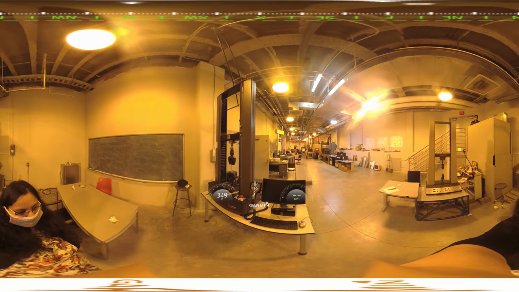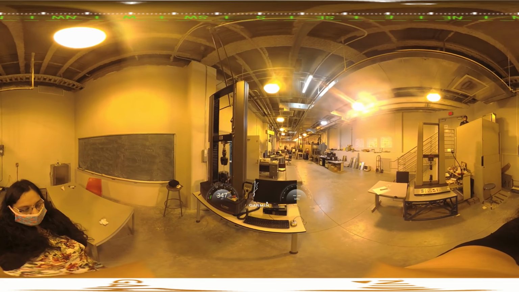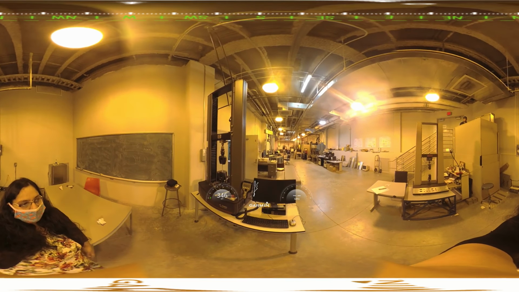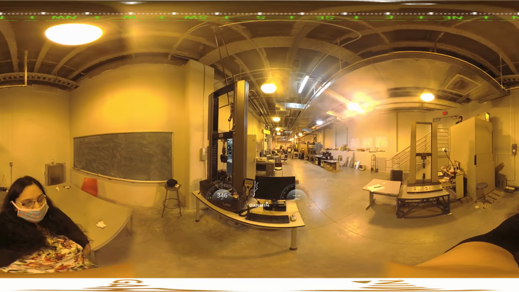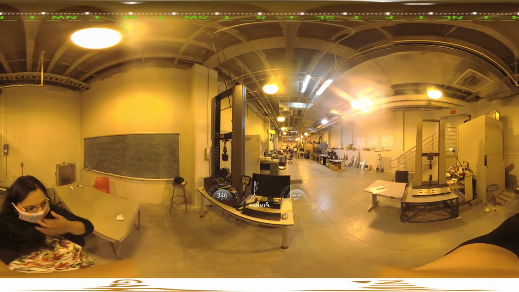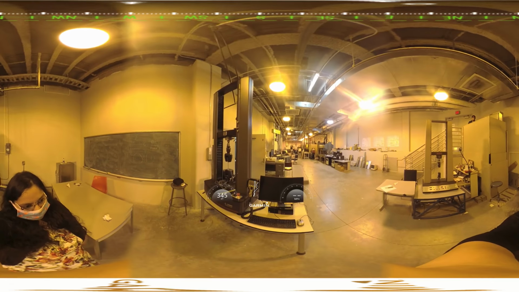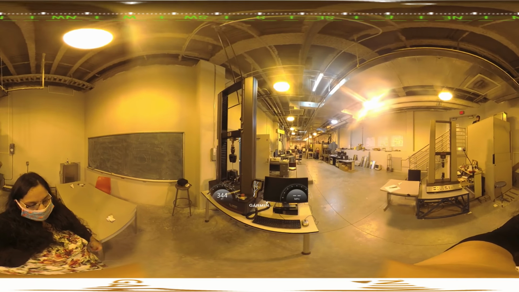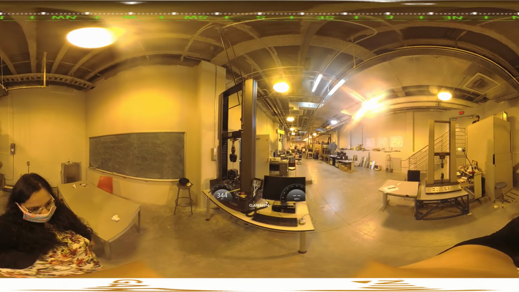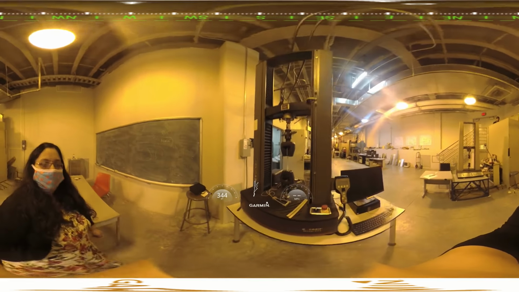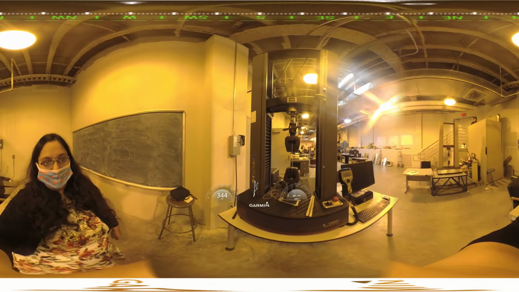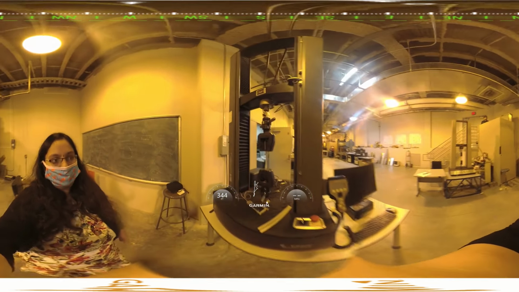Hello everyone, this is a virtual tour of the tensile testing lab. You have the MTS machine, which we are going to use to study the characteristics of the aluminum alloys as well as composites. As you can see, the dog bone specimen of the aluminum is mounted on the tensile testing machine.